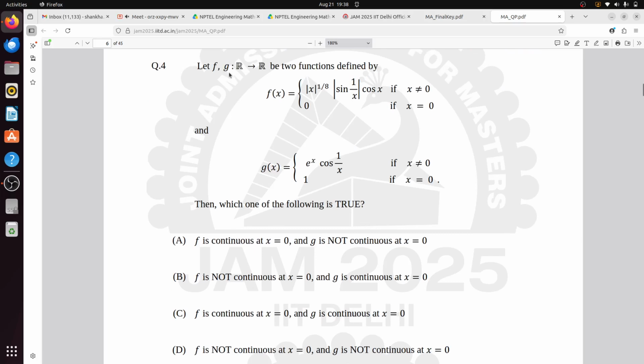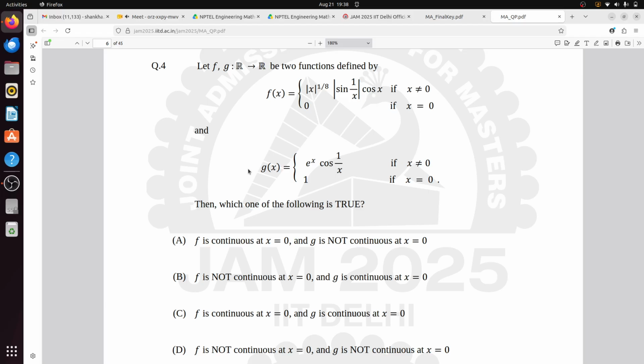What about this problem? Let f and g be two functions defined as f(x) = |x|^(1/8) |sin(1/x)| cos x if x is not equal to 0, and 0 if x equals 0. So |x|^(1/8) tends to 0. |sin(1/x)| is a bounded function, cos x is also a bounded function, cos 0 is 1, and then f is continuous at x equals 0.